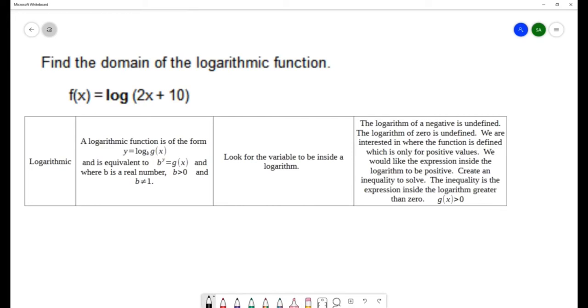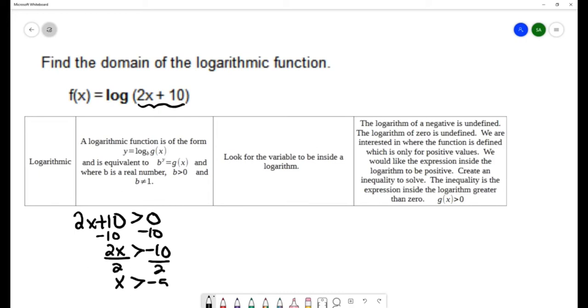So for ours, the expression inside the logarithm is 2x plus 10. We create the inequality of 2x plus 10 is greater than 0, and we solve. We're going to subtract 10 to get 2x is greater than negative 10. We're going to divide by 2 to get x is greater than negative 5.